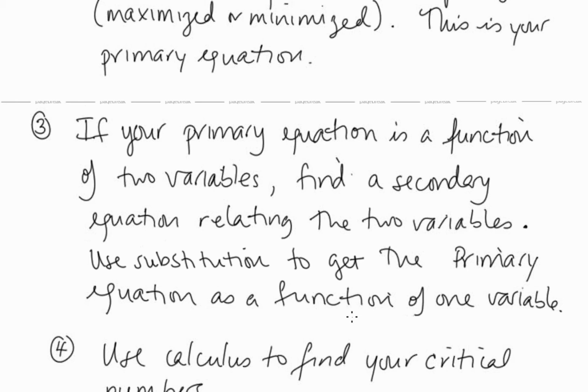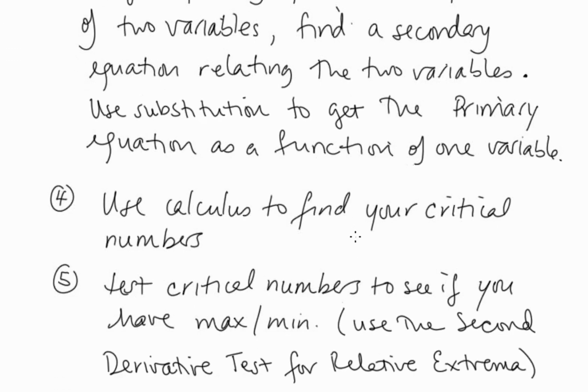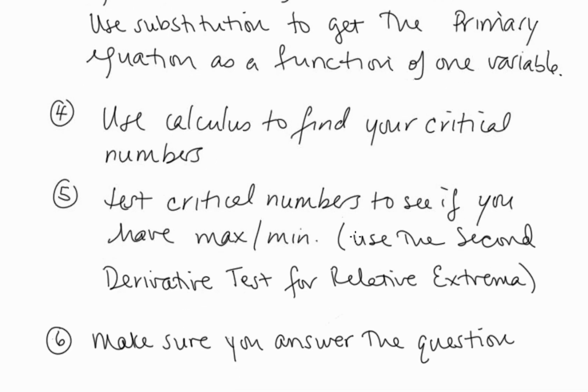Once we have a function of one variable to optimize, we want to use calculus to find the critical numbers. And then we're going to test the critical numbers to see if we have a maximum or minimum. And for this, we're going to use the second derivative test for relative extrema. We'll show that it's a relative max or min, and then show that it's the absolute max or min we're looking for. Then we just want to go back and make sure we answer the question.